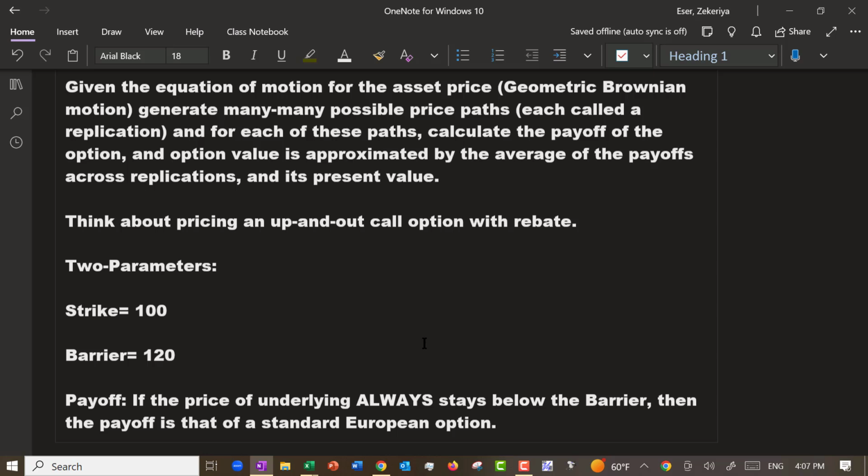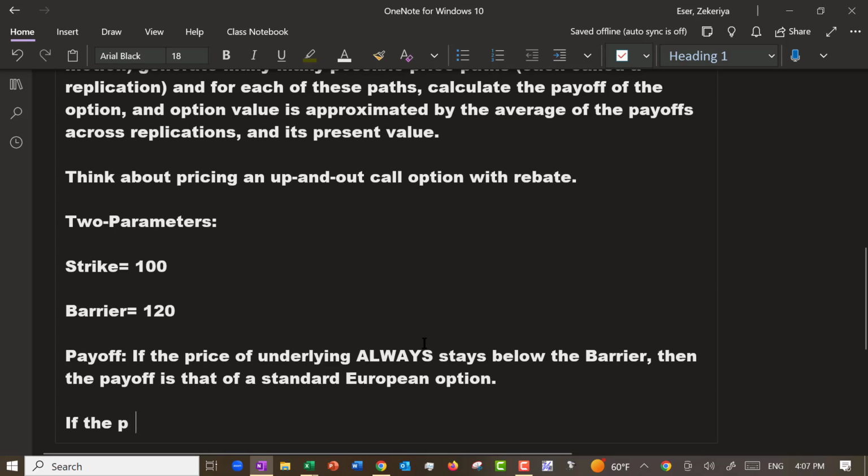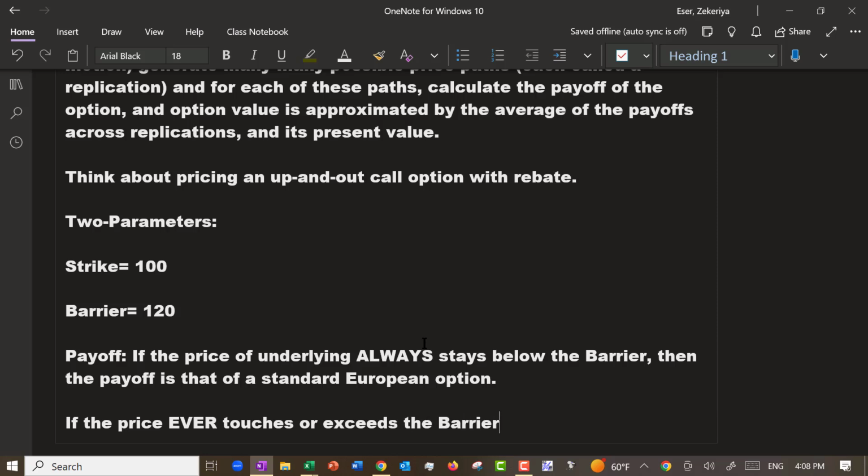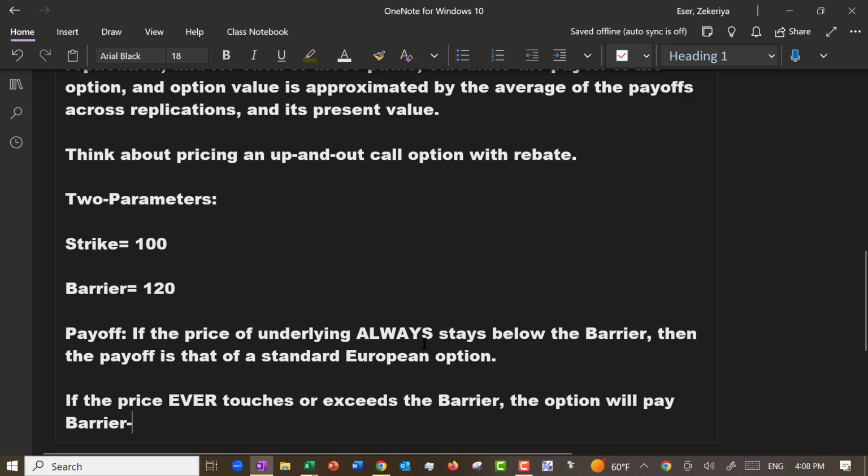So if it finishes at 115, I'm going to pay you $15. That's the payout. If it finishes at $90, I'm going to pay you $0 because it's below strike. If the price ever touches or exceeds the barrier, the option will pay barrier minus strike.